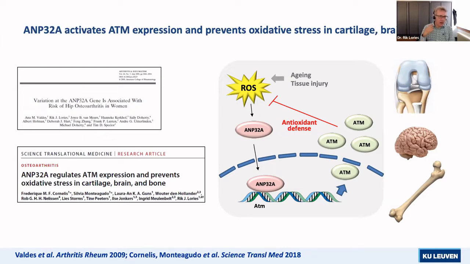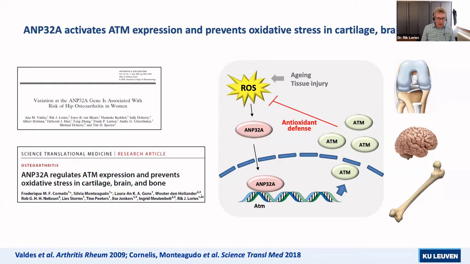And subsequently, Ana went on to look in more detail at variation of this gene, and we did some expression studies in the articular cartilage, and we found that there is probably a genetic association or a higher risk with variants for ANP32A and hip osteoarthritis in women. And then it took us about 9 years to come up with a conclusion, and a lot of work and a lot of mouse analysis and a lot of bad moments and a lot of high moments in the lab.